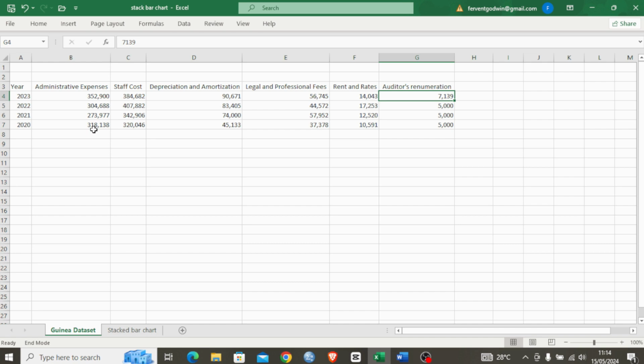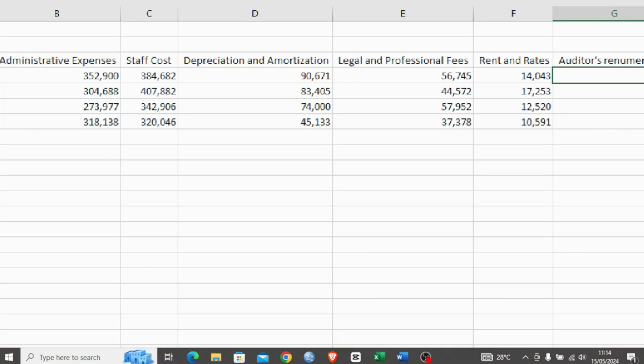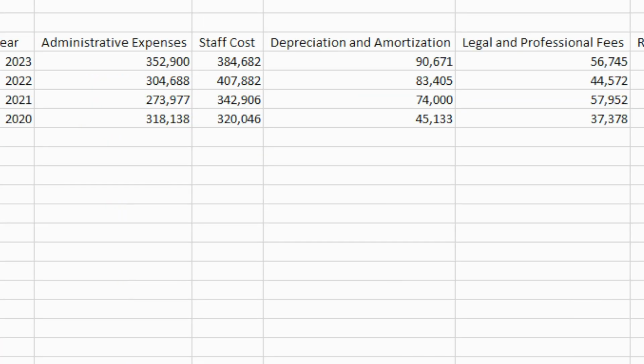You could see that they had 318 million for administrative expenses in 2022, but in 2023 I believe an adjustment has been made here that brought down the administrative expenses. So they cut costs here. This is actually what I talked about, that these things can be adjusted to enhance the profitability of the company.